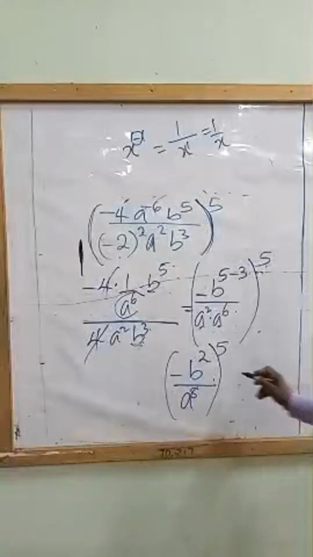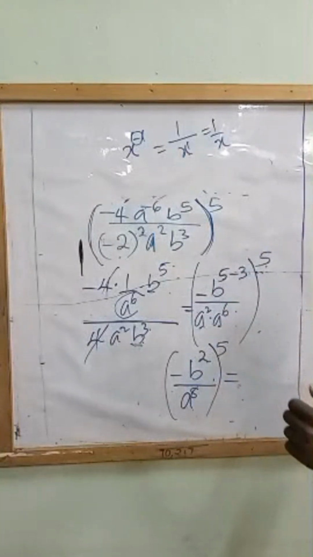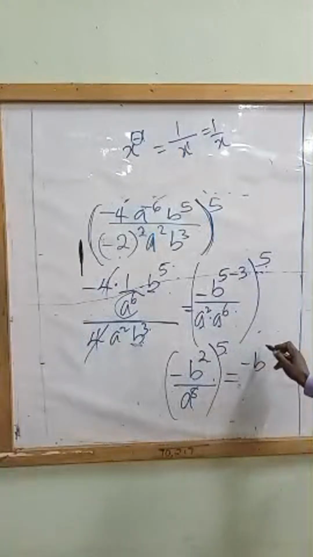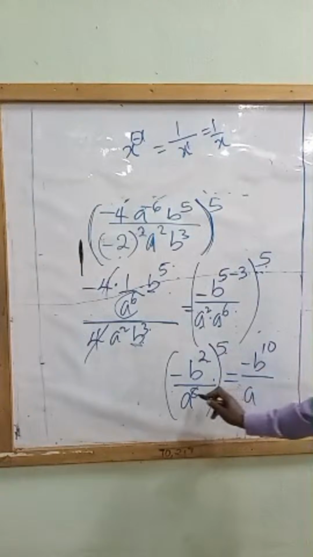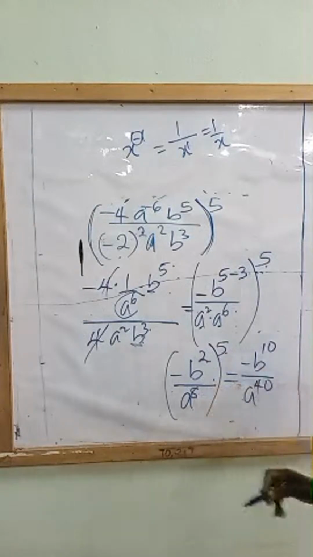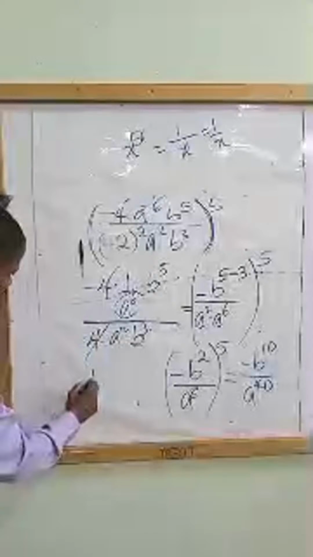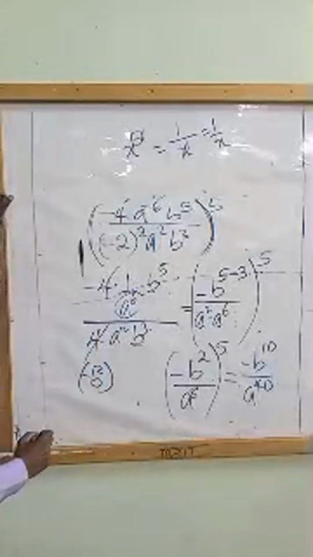So on the final conclusion, we are going to have minus b to the power 2 times 5, that's 10, over a to the power 8 to the power 5. Let me chip in something here. Minus b squared to the power 5.